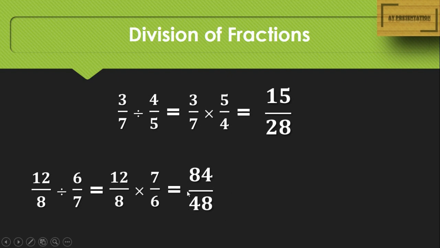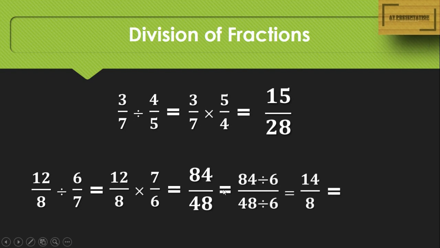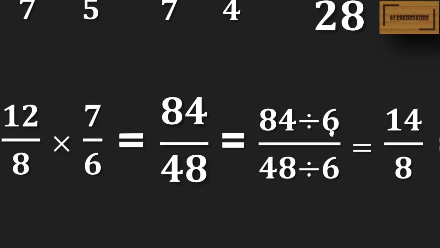Now find the number which is completely divisible into both numbers. Then 6 is completely divisible. So 84 divided by 6 is 14, and 48 divided by 6 is 8. 14 sixes are 84, 8 sixes are 48.